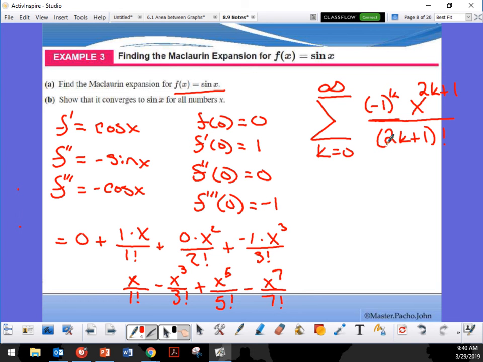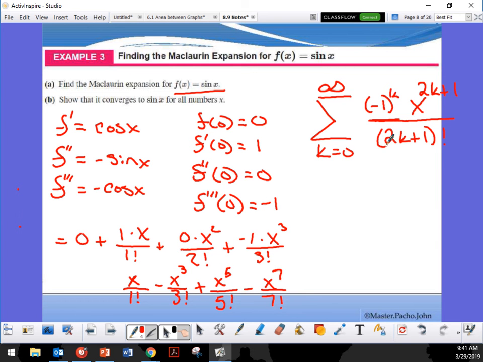As I start plugging in 0, that would be 1. 1 factorial is 1. Plug in the next term, which would be 1. So that's 2 plus 1 is 3. 3 factorial. Yes? Okay, yes, this is it. Problem solving, that's what all this is. You have to look at it and see. Good job.